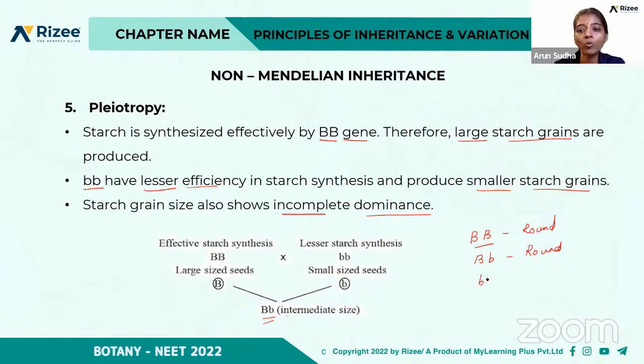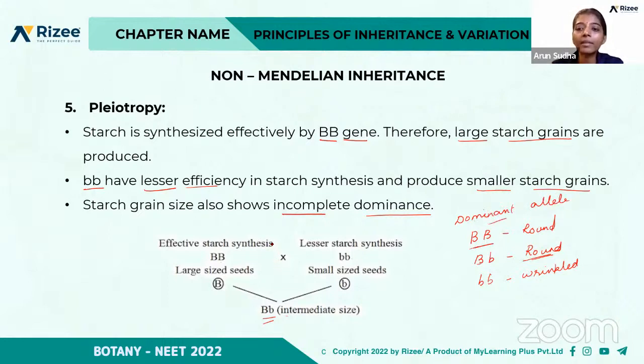And in the case of homozygous recessive, it is wrinkled. So here B is the dominant allele, and as B is the dominant allele, it shows the same dominant character in the F1 generation. That is, it shows the law of dominance.